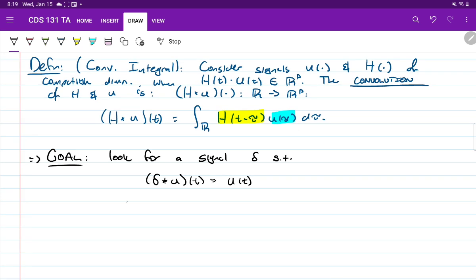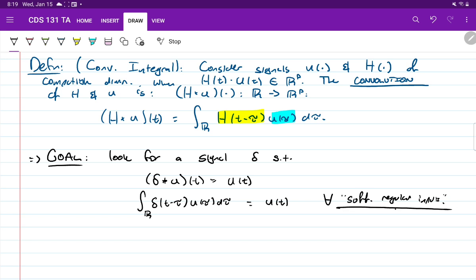That's the same property that we had before. In other words, the integral over R of delta of t minus tau, u of tau, d tau is equal to u of t, right? And this should hold for all, I'll just call it for now, sufficiently regular inputs. So this kind of means piecewise continuous, sufficiently regular inputs.